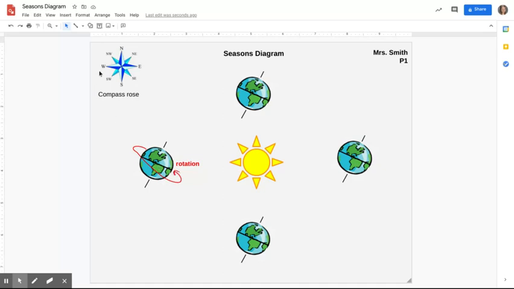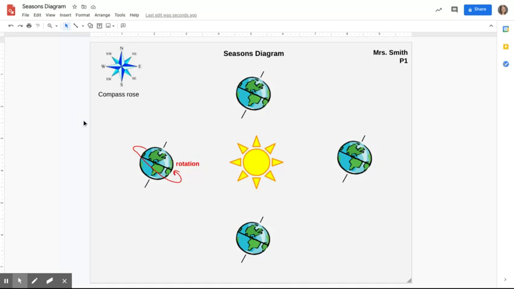So if you look at your compass rose up here, the west is on this left side. Our left side then moves to the right side, which is west to east. And that's why I tried my best to make my arrow look like it starts on the back side of the earth, moves around the front, and then rotates backwards. So we move from the west to the east.